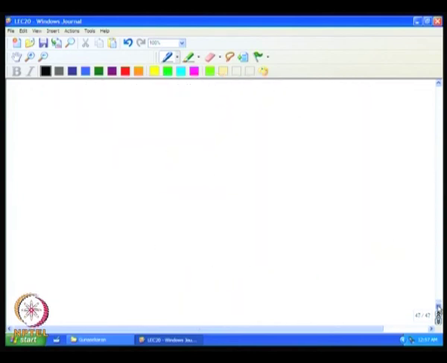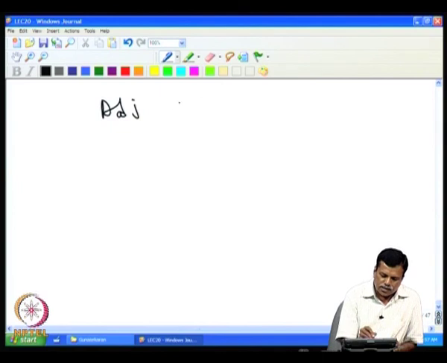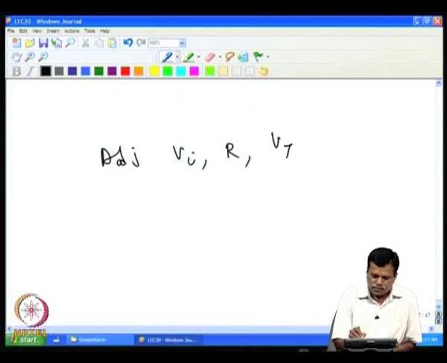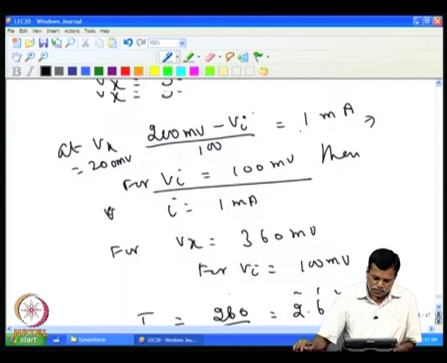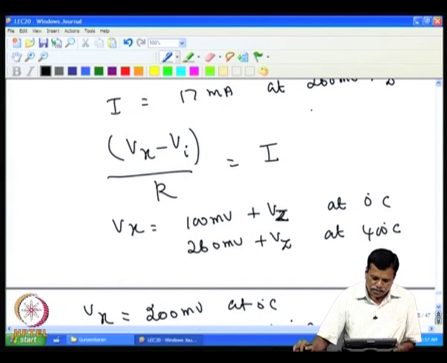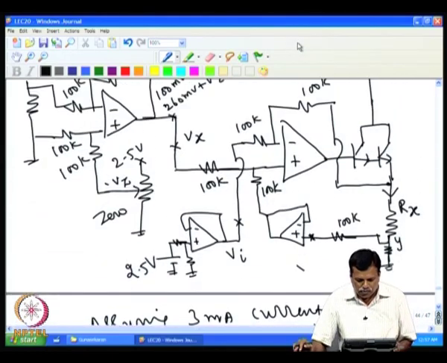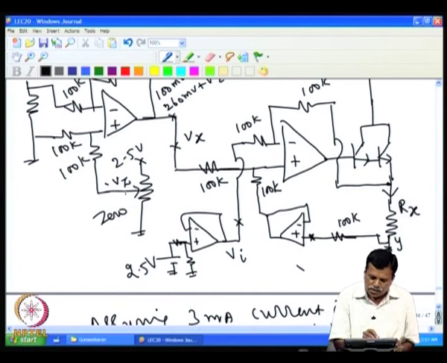So, one can adjust this by adjusting Vi and R, as well as V0. Adjusting V0, then adjusting the voltage Vi, and then adjusting this Rx.